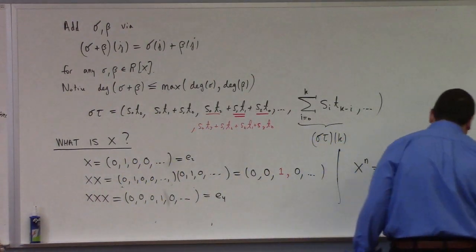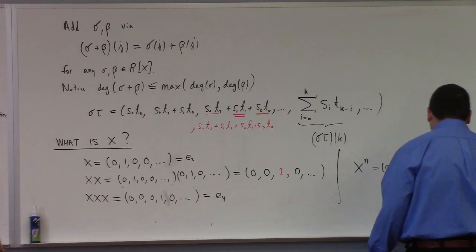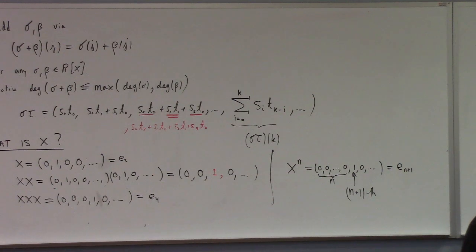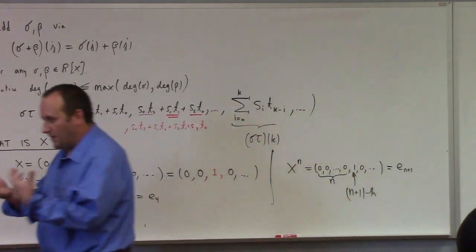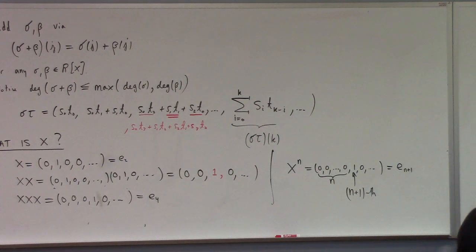This is E sub n plus 1, if you're willing to work with sequences which are 0 everywhere except for that one spot. Now, to complete this, I should show you that we can build any polynomial from a sum of these x's. And so that calculation I'll give you next.